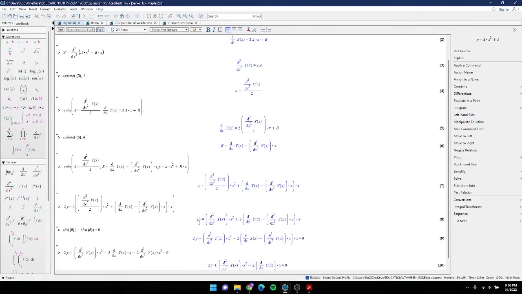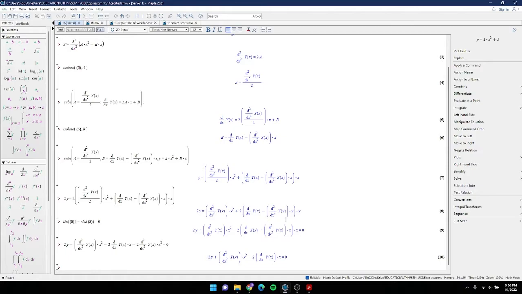Then you want to eliminate the 2 over there, you must multiply it with 2. So you get 2y equal to y double prime x squared plus 2 times y prime minus y double prime x times x.